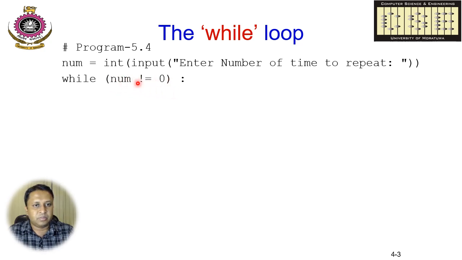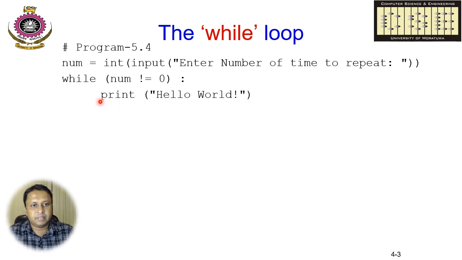So what is this expression? num is not equal to 0. We have the variable num introduced at the very beginning, and this while loop will run until this condition is satisfied. That is, as long as num is not equal to 0. Then we have the body of the while loop.